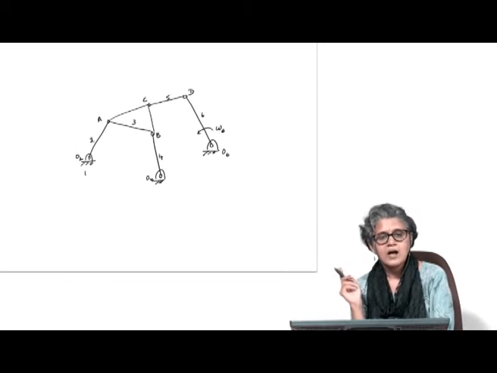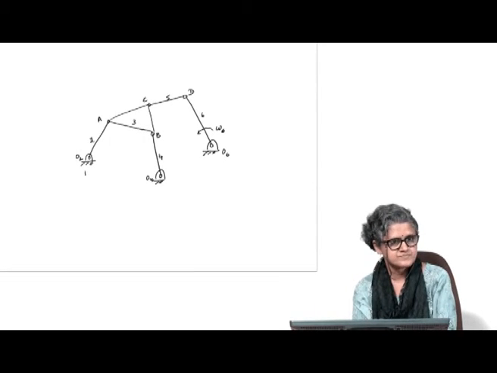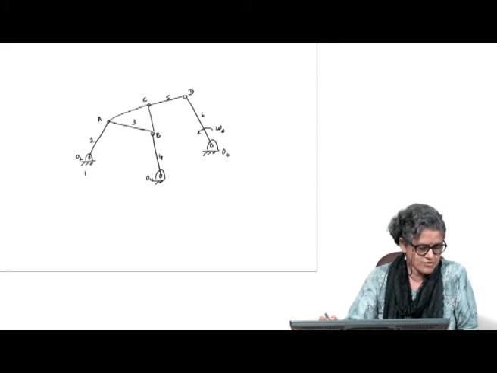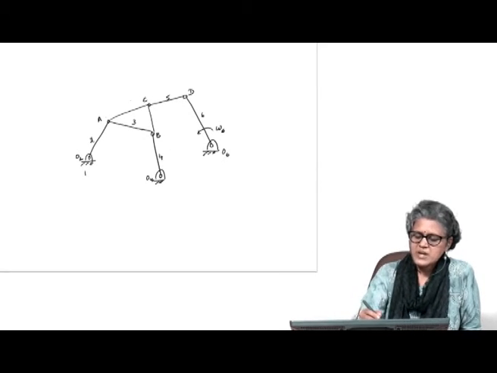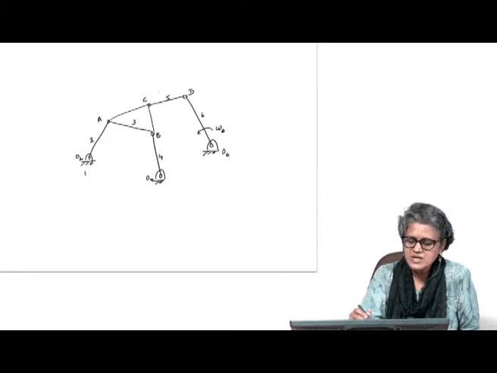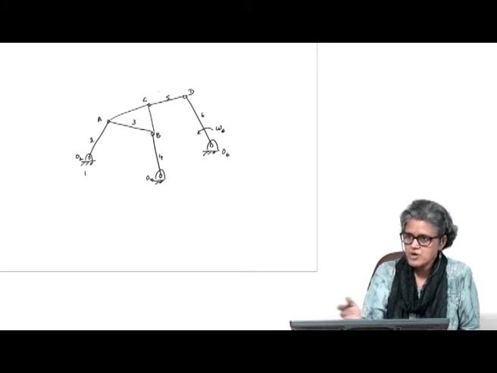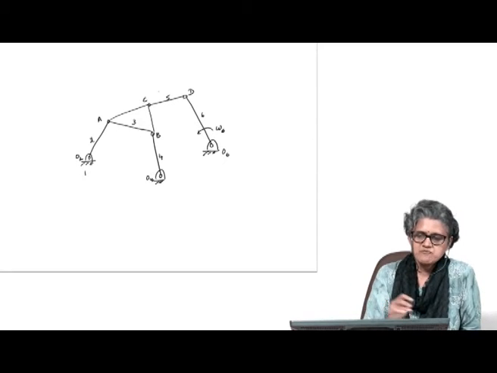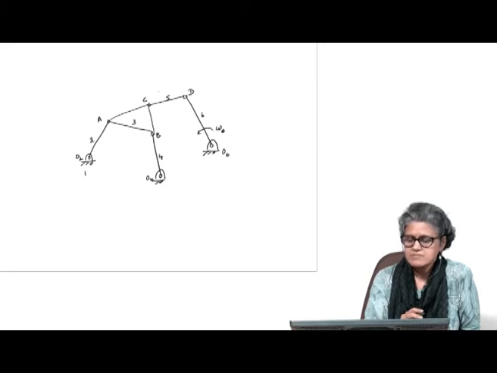Here, I know omega 6, so I know the velocity of D completely. I know magnitude and direction for the velocity of D. My ternary link, my floating link here, is ABC. Because I don't have enough information about C, I'm not able to apply the velocity difference method. That's why instead of inversion, I want to try using the auxiliary point method.